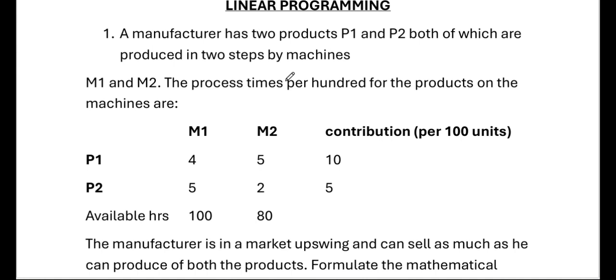We are also constrained in that machine 1 can work a certain period of time, machine 2 can work a certain period of time, so it can't work 24/7. So that's the constraint of time. You also have to remember that product 1 requires a certain mix in M1, which is machine 1, and machine 2 to produce something. So we are constrained in terms of the product and also in terms of the available hours.